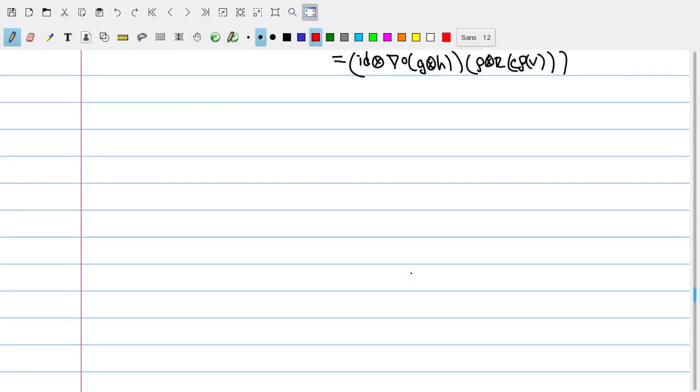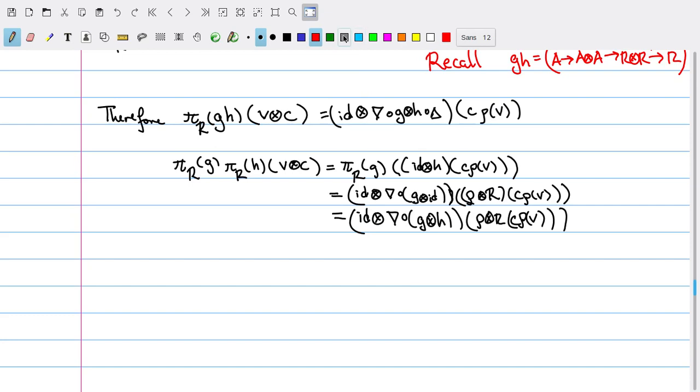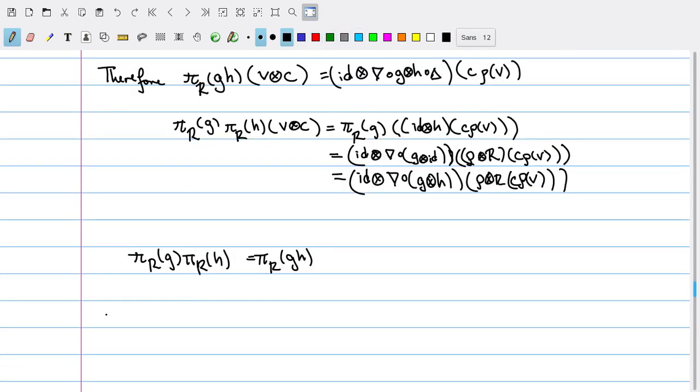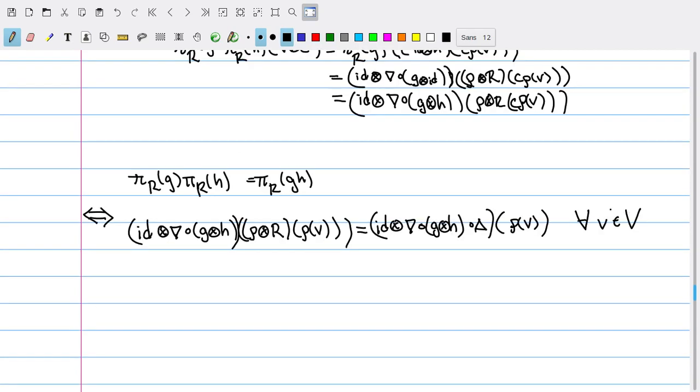In particular, pi sub R of g times pi sub R of h is equal to pi sub R of gh if and only if the following identity holds for all v. Here I've taken c in the previous equations to be 1, since the linear extension that we describe is uniquely determined by rho in the first place.